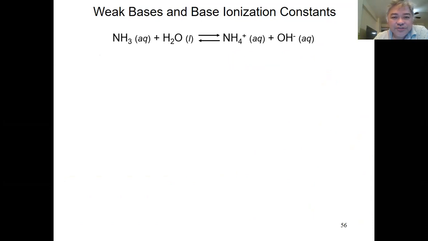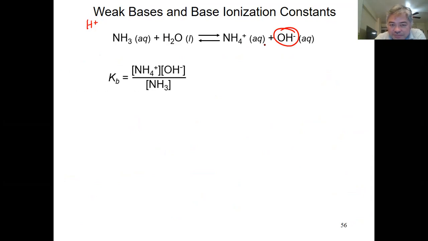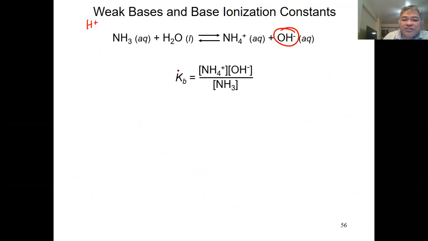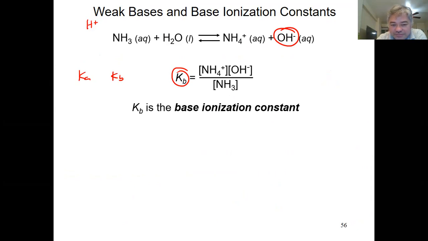Now, we do the same thing with the base. The only difference is sa acid, H+. Sa base, OH minus. So if we have the OH minus, dyan natin madi-differentiate alin yung Ka at alin yung Kb. Okay?